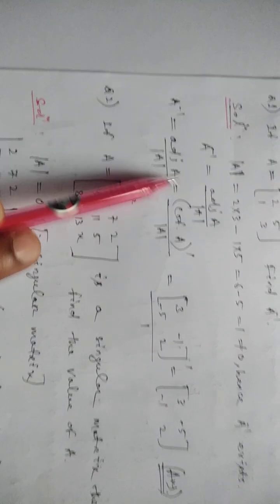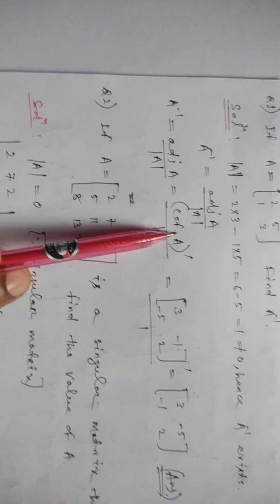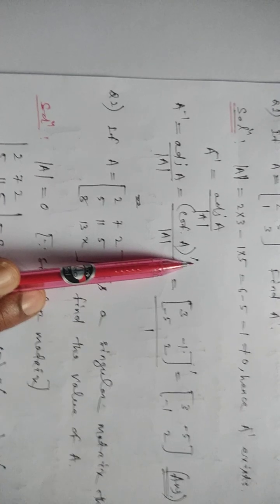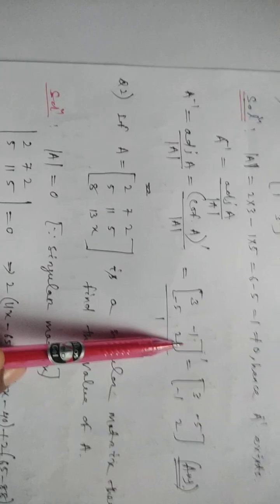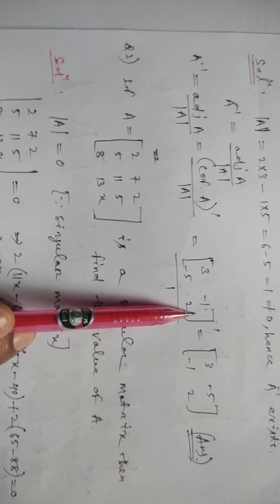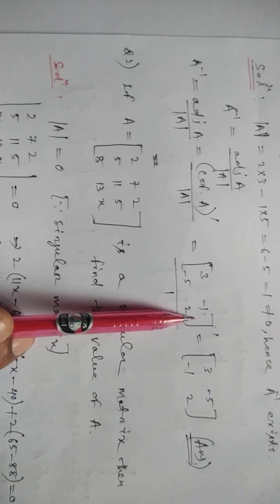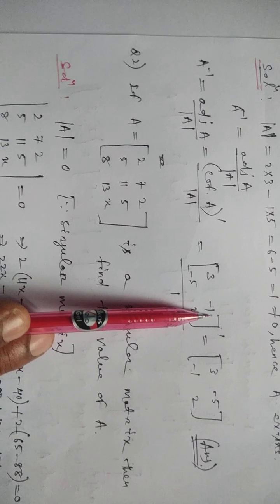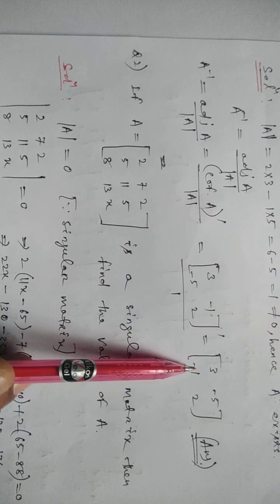Then its transpose, because adjoint of A is the transpose of cofactor of matrix A. Transpose of a matrix means you just convert the rows into columns or columns into rows. So first row is converted into first column, so I write here 3, minus 1.